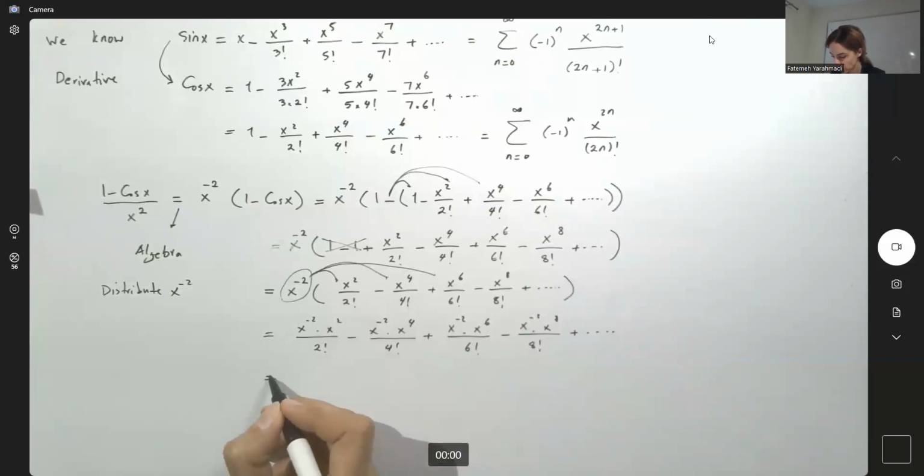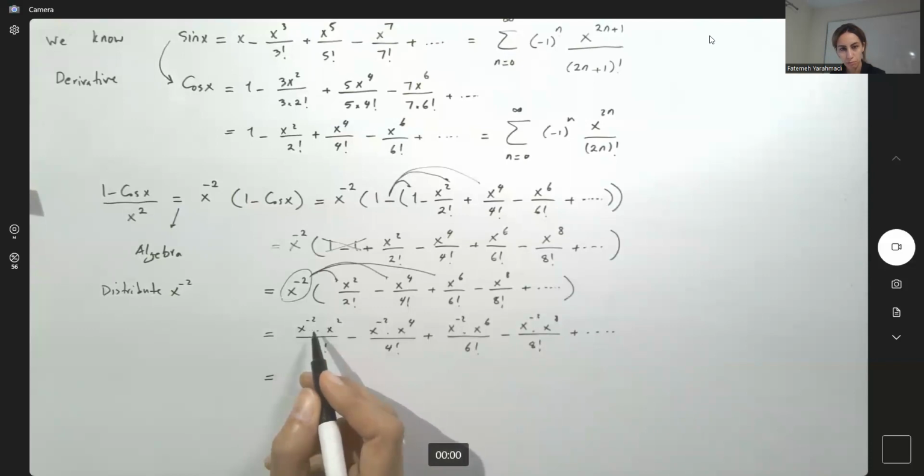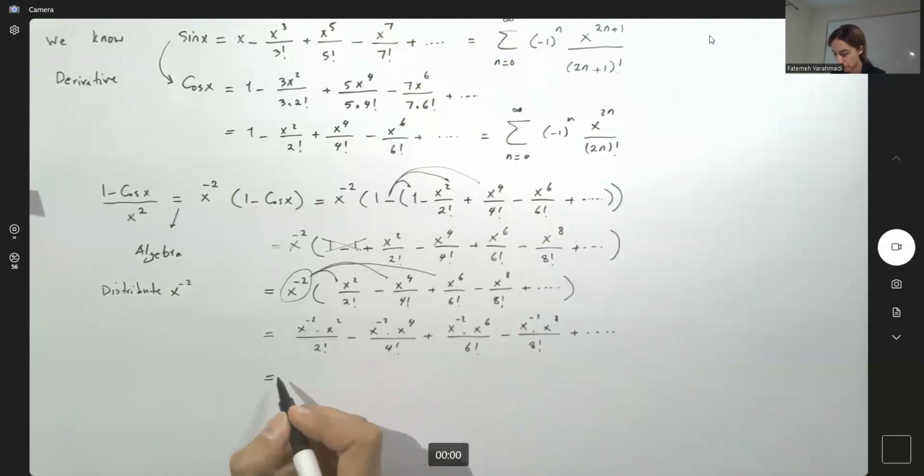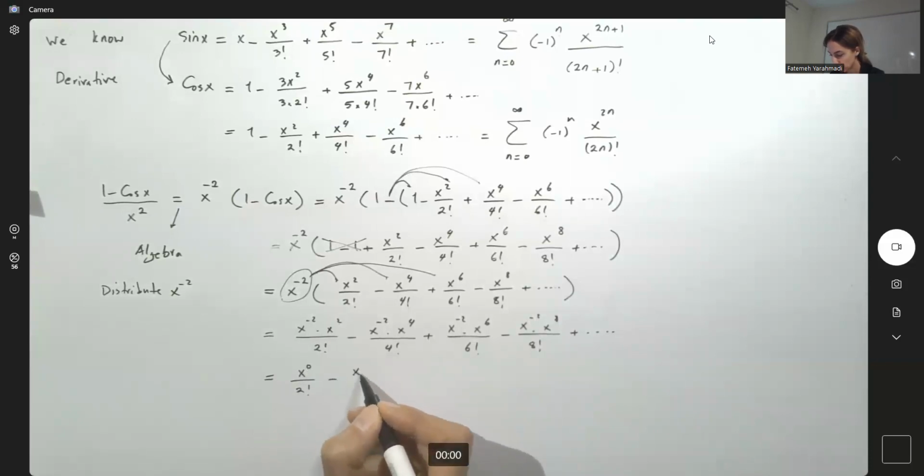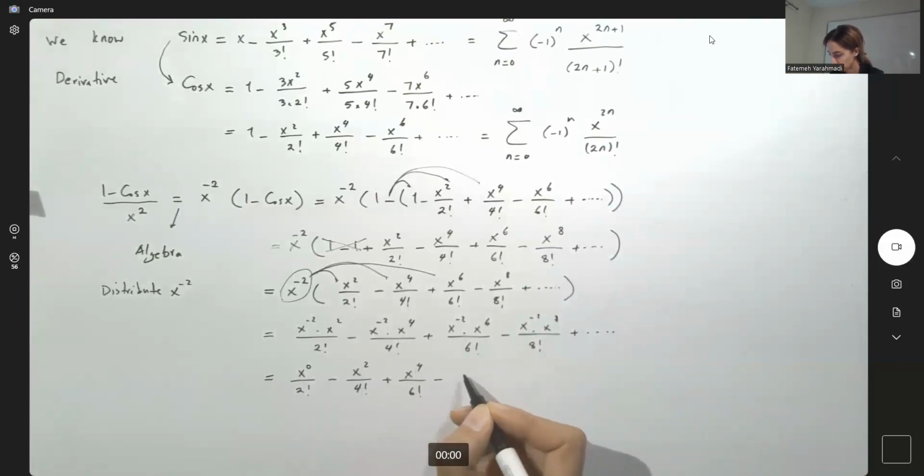Simplify. They have the same base with opposite exponents. This becomes x to the power 0 divided by 2 factorial minus x to the power 2 divided by 4 factorial plus x to the power 4 divided by 6 factorial minus x to the power 6 divided by 8 factorial and so on.